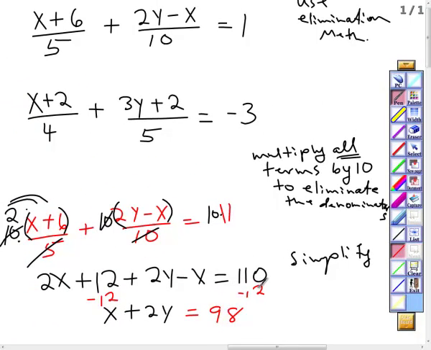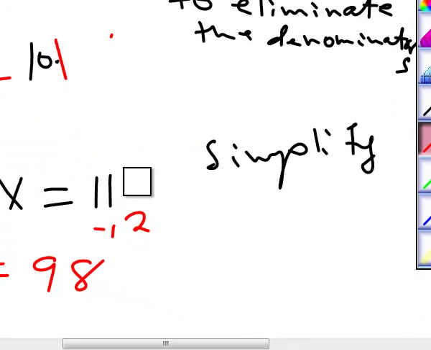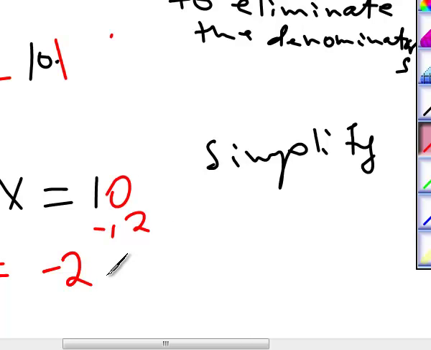Hold on, let me back up here. That should be a 1, you're right, so this should be a 10. That's better. This should be a 10 here, and so that makes this a minus 2.